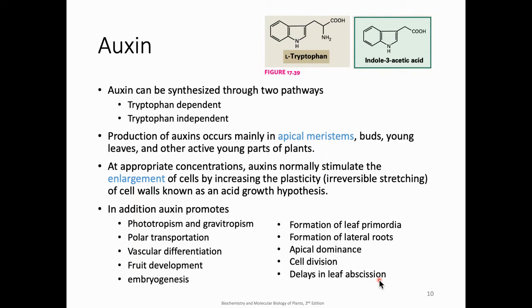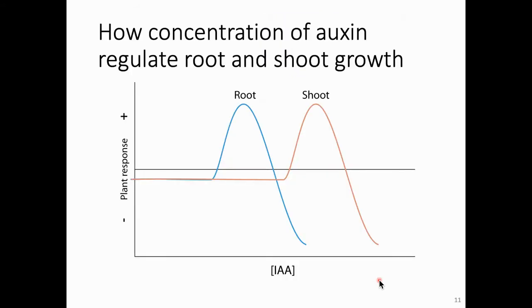And as I mentioned earlier, about the concentration of auxin that will get a response from the plants: at a very low concentration of auxin or IAA in this part, the plant will not quite respond to grow more or grow bigger or less.